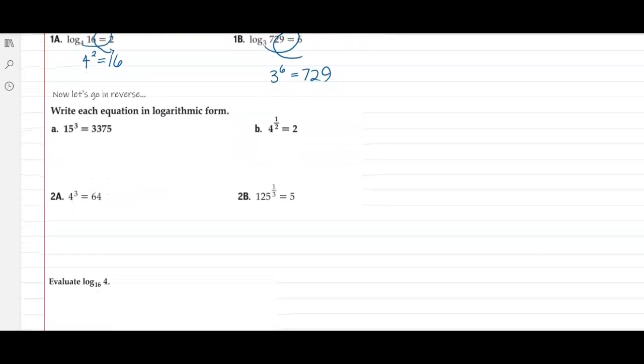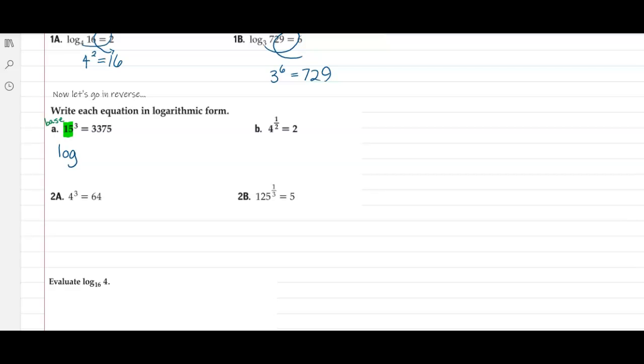Let's go backwards now. We're going to start with things that are in exponential form, and we're going to change them to logarithmic form. When we change them to logarithmic form, we start with the word log. Now, when we studied step 19, we know that this was the base. This 15 is the base.